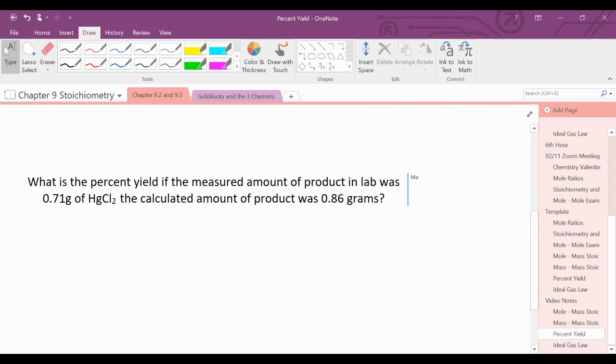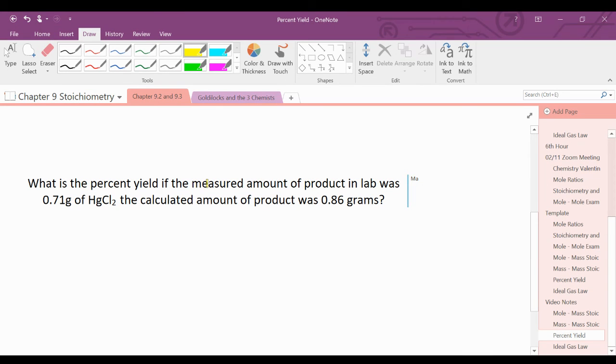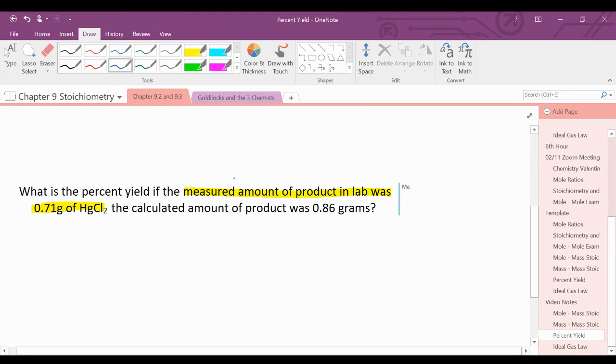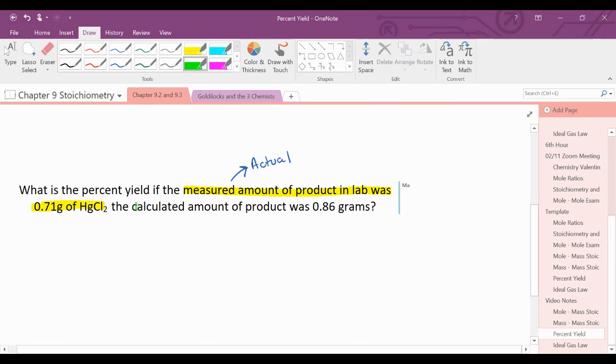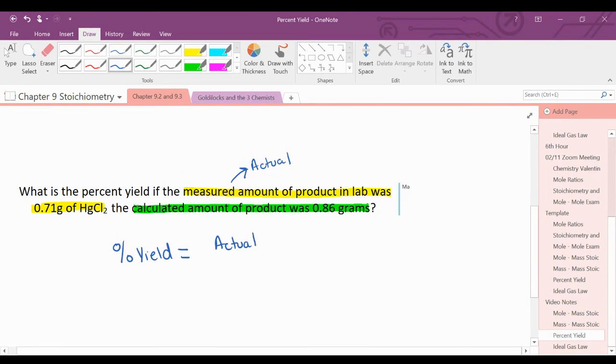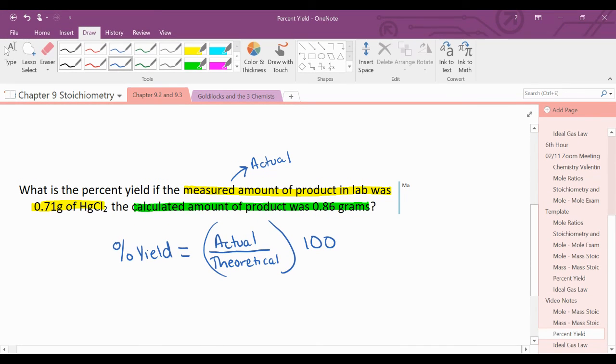So let's do a problem. What is the percent yield if the measured amount of product in lab was 0.71 grams? So measured amount of product in lab was 0.71 grams. Measured amount means actual yield. And the calculated amount was 0.86 grams. So percent yield equals actual divided by theoretical times 100.